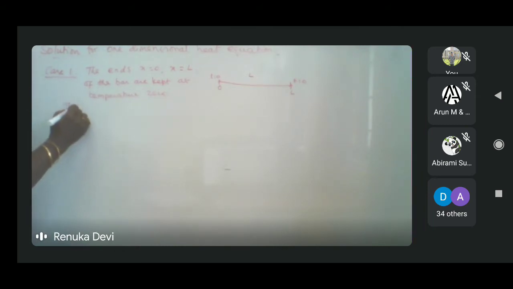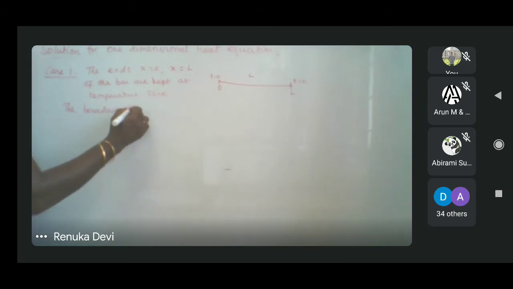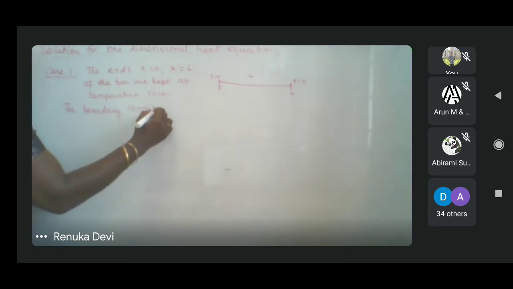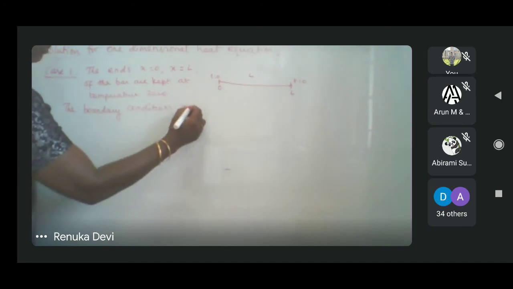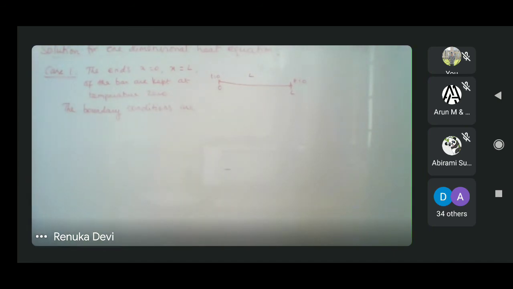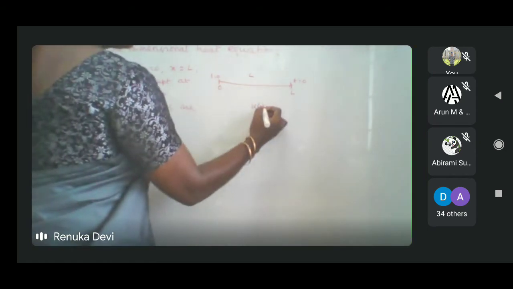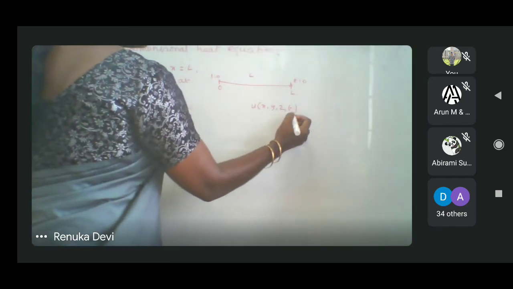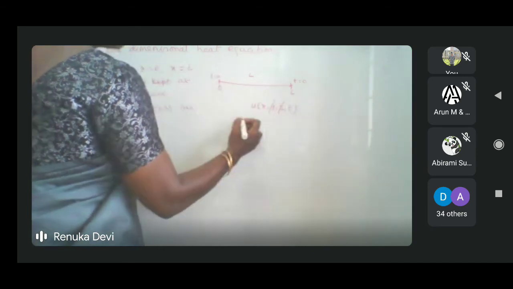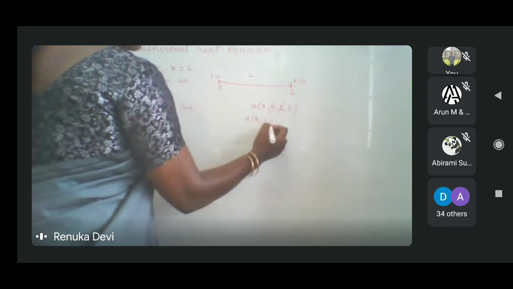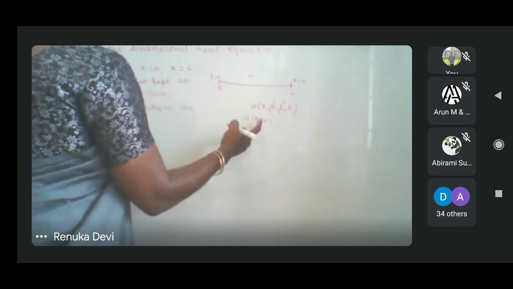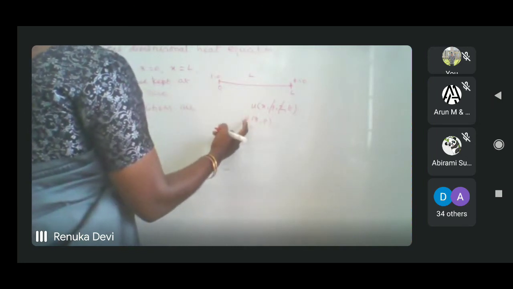So the boundary conditions are, here u is a function of, what is u? In general, u is a function of x, y, z and t. But we have no y and z. Therefore, u is a function of just x and t. Therefore, when t equal to 0, we have u of x comma 0.